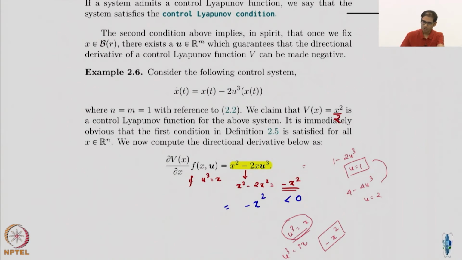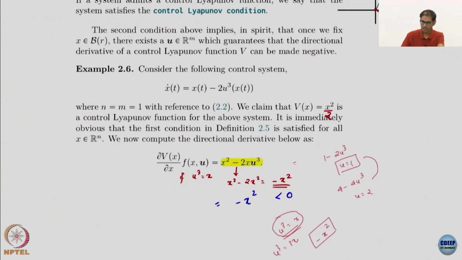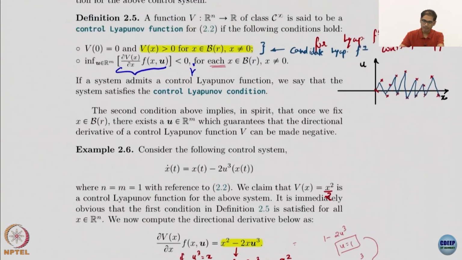I can't take u to be 1 because it will not become negative, that is a problem, right? So I take u to be 2, I could have taken 1.5 also. Yeah, so I can get distinct points, discrete points like these also, because I can choose anything greater than 1 here, anything greater than 2 here, and so on and so forth, anything greater than 3. So I can get all these discrete points here, no problem.